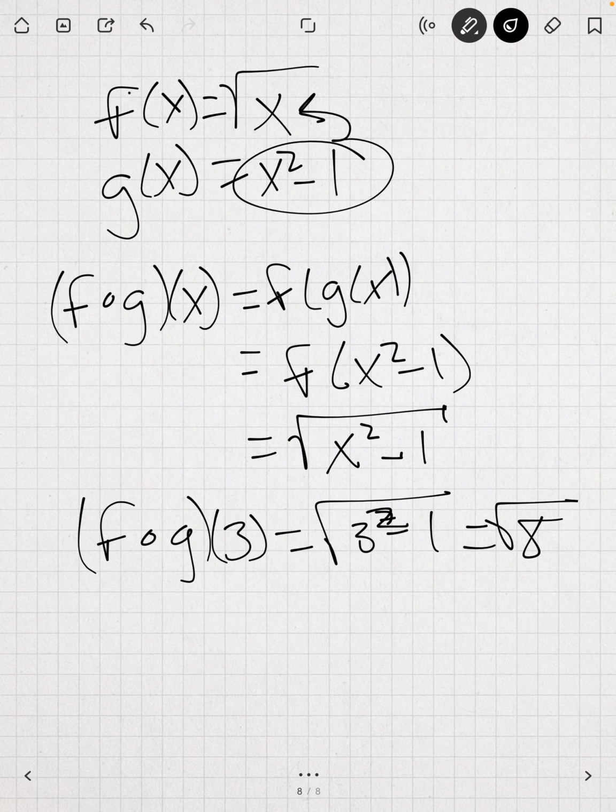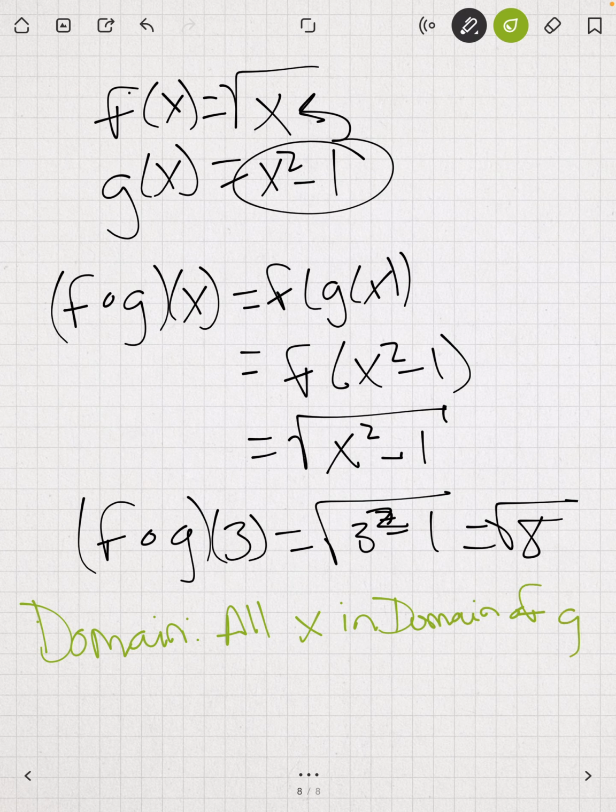What ends up happening here is our domain, and let me write this in a different color, are all x in the domain of g with g of x in the domain of f.